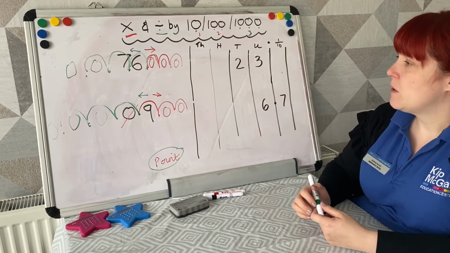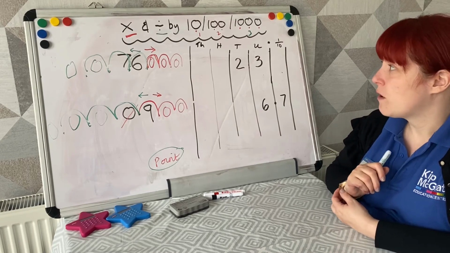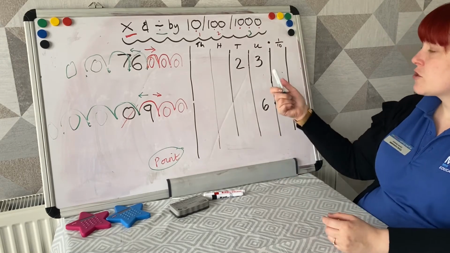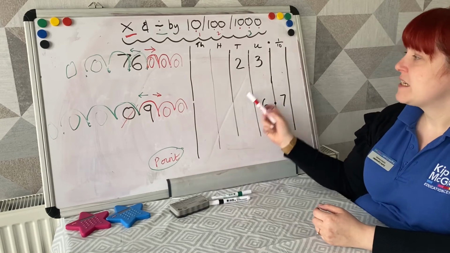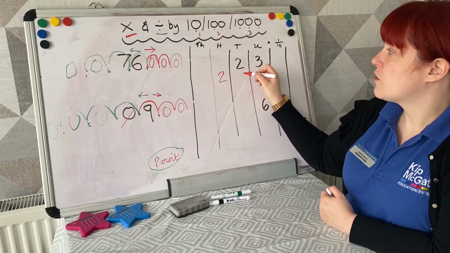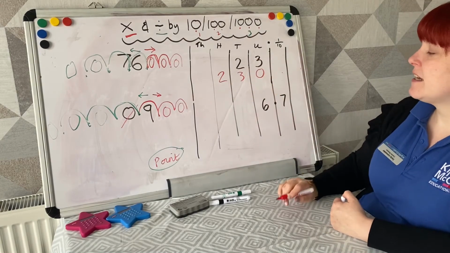It possibly looks like more work to start with, but it helps children understand the concept a bit more of what they're doing. So when they're timesing by 10, everything is getting bigger. So what was a 10 is becoming 100. So for example, when we times this by 10, we would tell them to move it along one column or one of the place values to become 230.